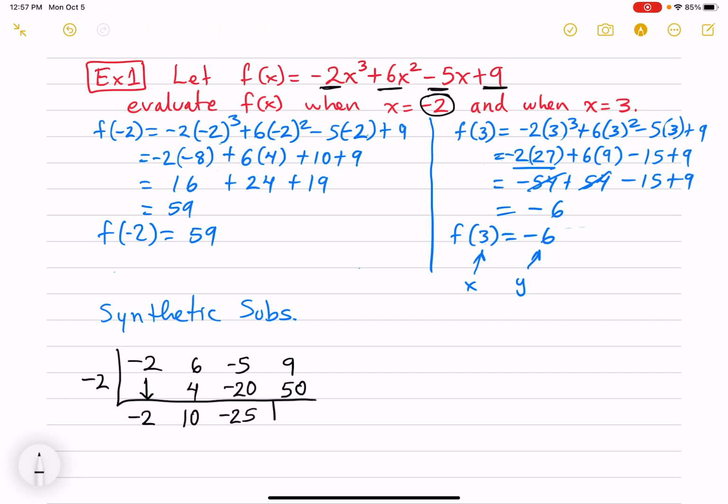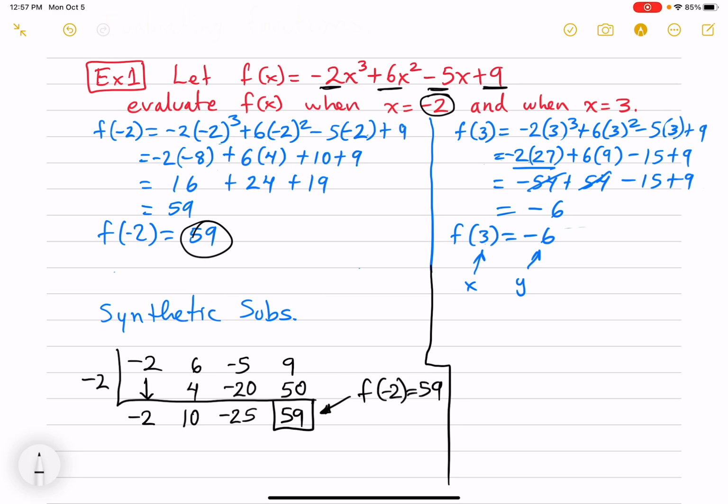And 50 plus 9 makes 59. So what did you notice here? In synthetic substitution, what we used to call the remainder is now our answer when we substitute. So this is f of -2 is 59. The remainder is the answer to the substitution.